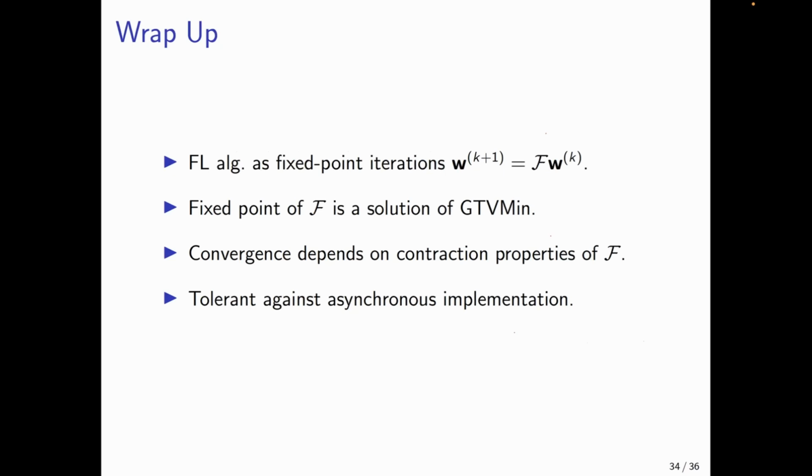So we have introduced several widely known or popular federated learning algorithms, and it turns out they are all of the same type, the same formalism, in being fixed point iterations. So federated gradient descent, federated averaging, federated proximal methods, you can write them as such a fixed point iteration. And the fixed point of this operator F is a solution of GTV minimization. We want to compute the solution by applying this F repeatedly.